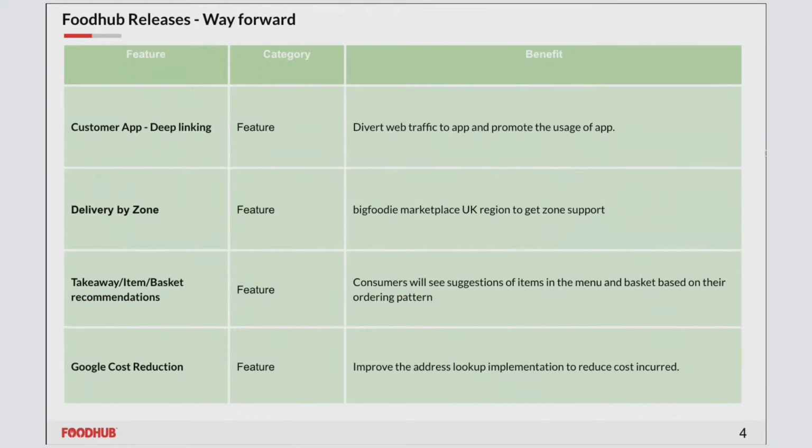This works as a recommendation for customers whenever they order from one particular takeaway, or if they are trying to choose between takeaways. We are working with the ML intelligence that we have at the moment to give suggestions to customers when they are ordering, which would really help them with items, takeaways, and baskets.